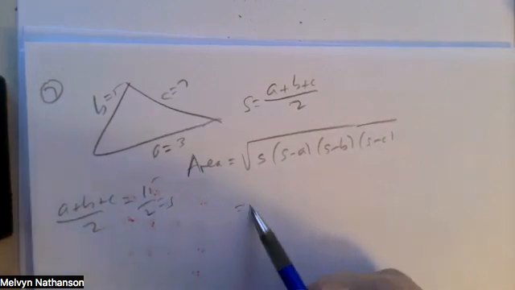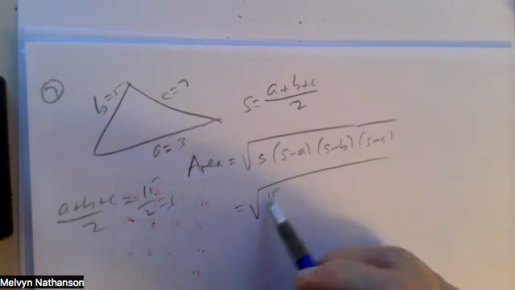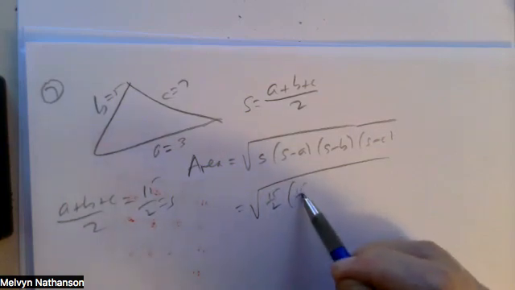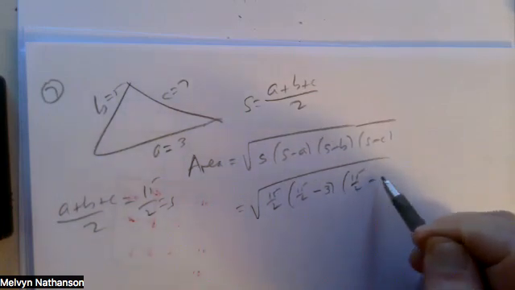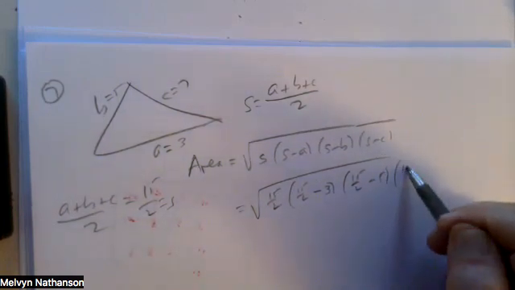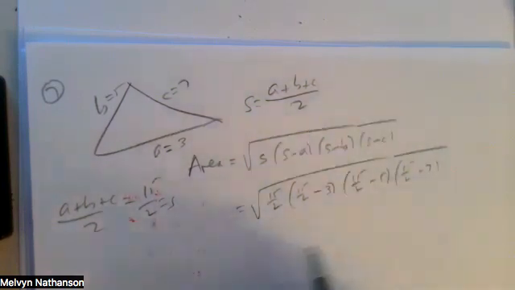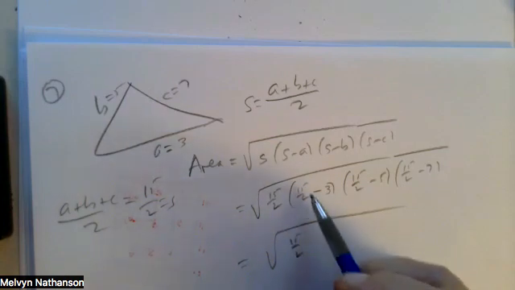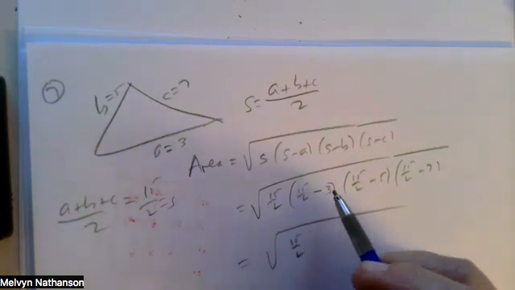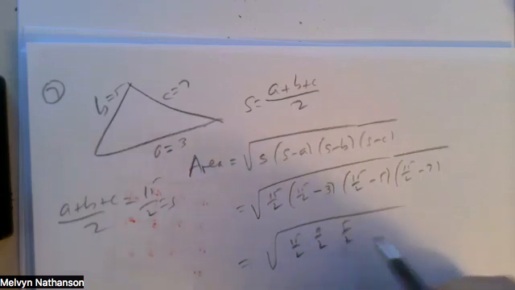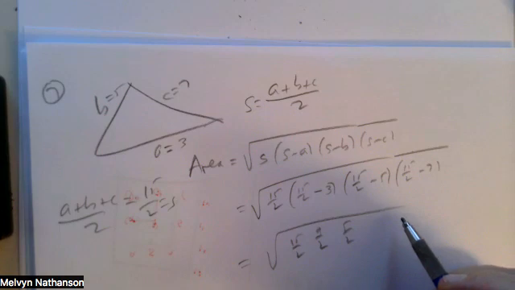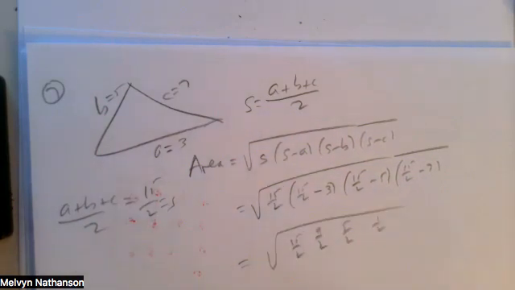That's S. So this is the square root of 15 over 2, times 15 over 2 minus 3, times 15 over 2 minus 5, times 15 over 2 minus 7. It's the square root of 15 over 2, 9 over 2, 5 over 2, 1 over 2, right?